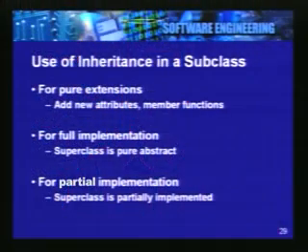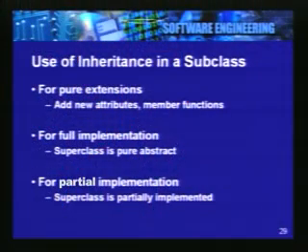And thirdly, you could use subclasses as partial implementations. This is applicable when your superclasses are partially implemented, so they are partly concrete, partly abstract. The applications are again the same. Pure extensions can be used where you have, say, pure concrete library classes. Full implementations have to be used when you have inheritance hierarchies with abstract classes, also called interfaces, mainly in component technologies.